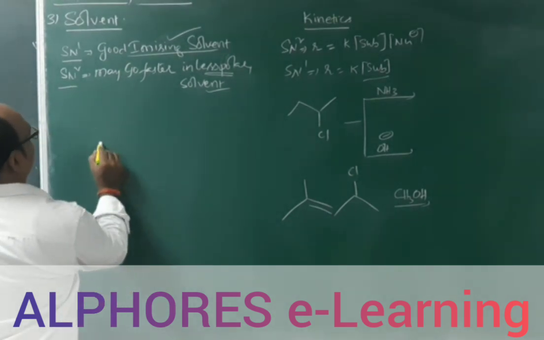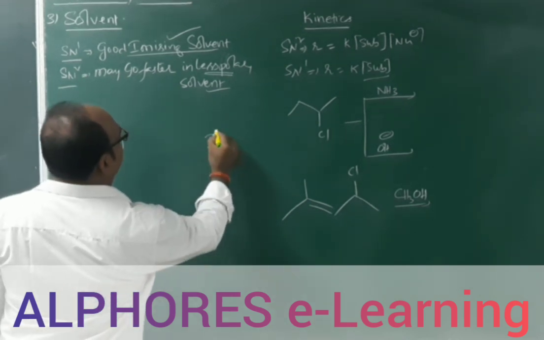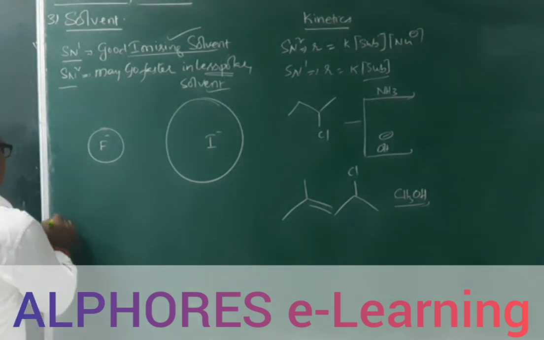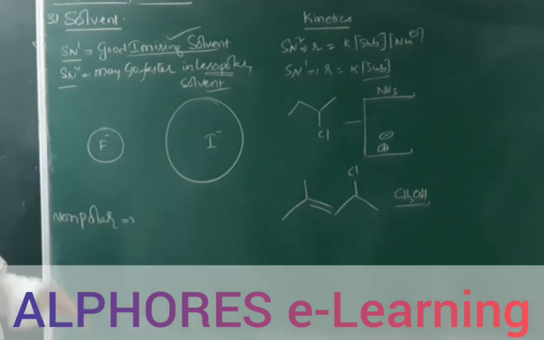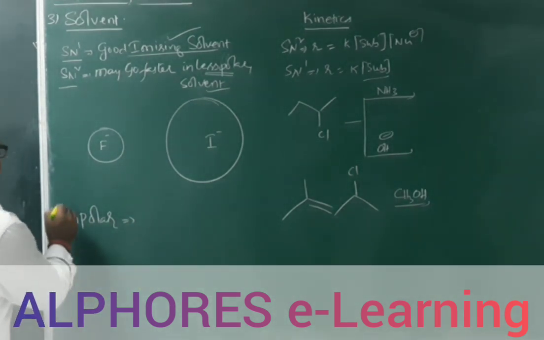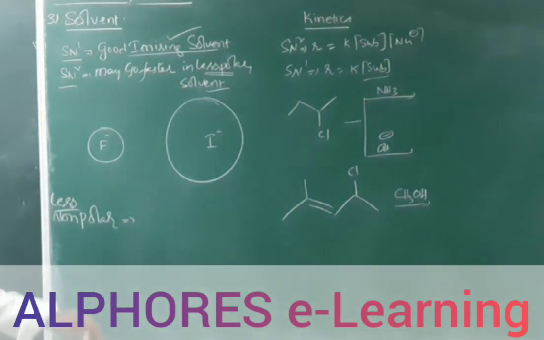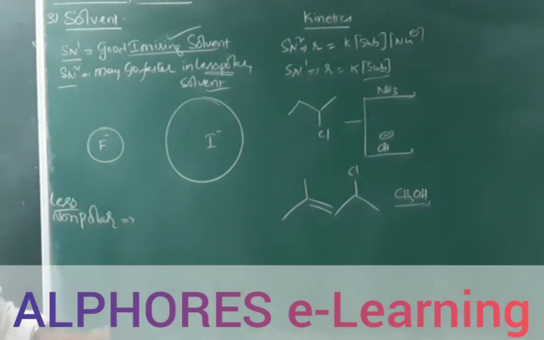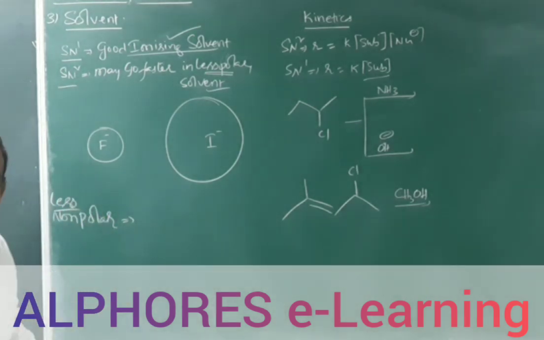Let us take F minus, which is small in size, and I minus, which is large in size. In the case of non-polar or less polar solvents, F minus does not undergo any solvation. Since F minus solvation does not take place, F minus remains as F minus and retains its nucleophilicity.